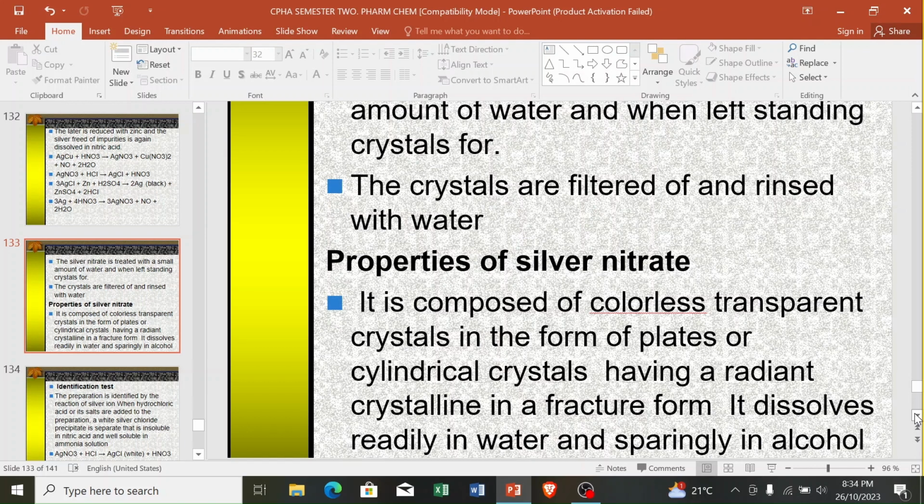And then after that, you collect. The main aim of the second equation is for you to precipitate out only the silver compound and not have other impurities, because copper as well will be there. So our main aim is not to prepare copper. That's why we have left out the copper.